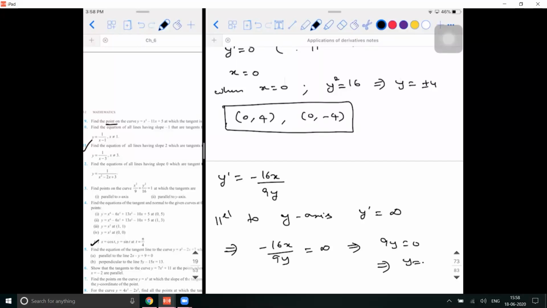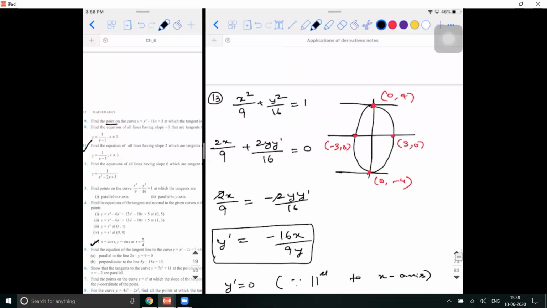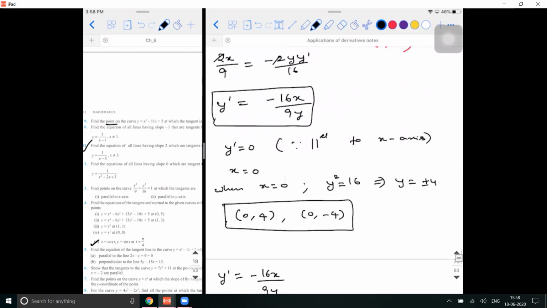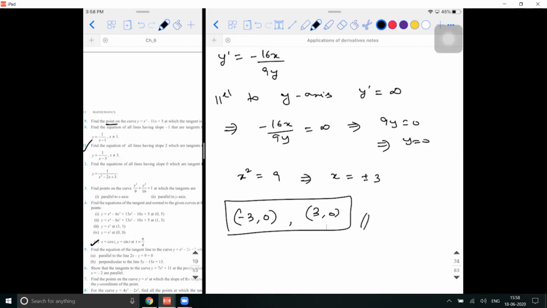Then y will be 0. When you substitute y is equal to 0, x square will be 9, which implies x is equal to plus or minus 3. So the coordinates possible are 3,0 and minus 3,0. So these are all the coordinates that are possible. Correct?